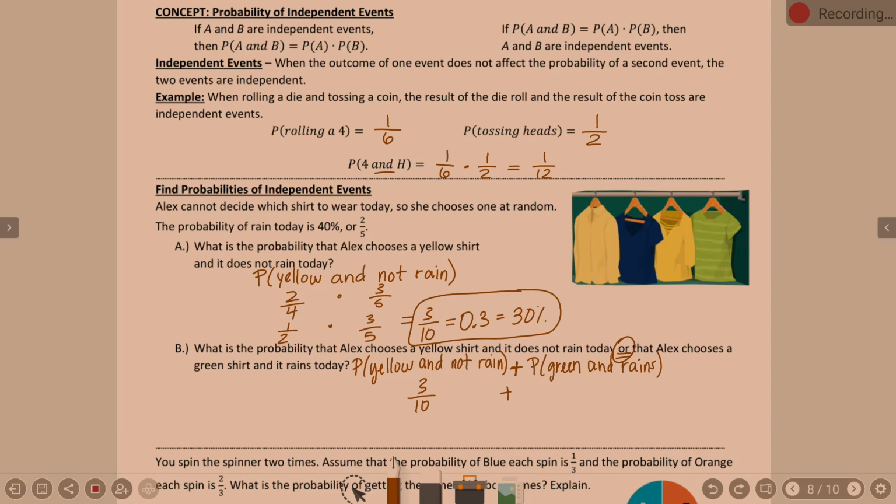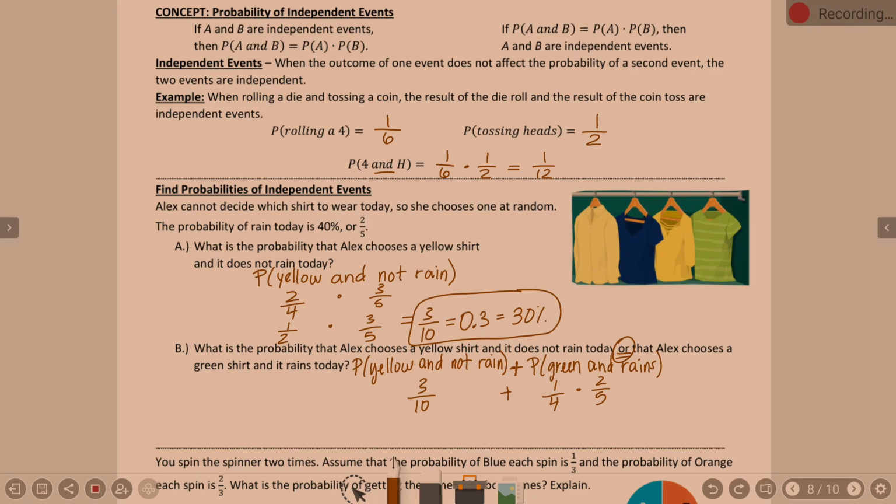Have you figured out the probability of a green shirt and that it rains? Not yet. What's the probability of green? 1 green out of 4 shirts. What's the probability that it rains? Giving us 2/5.